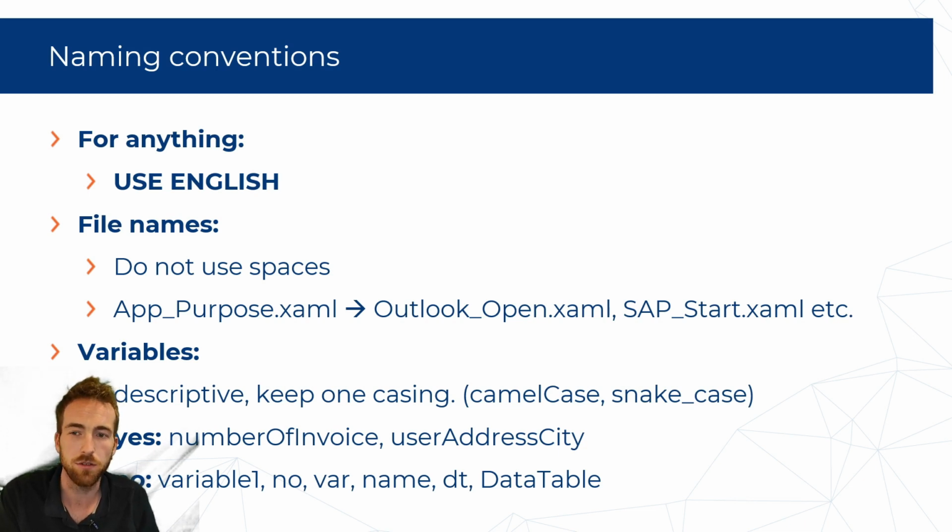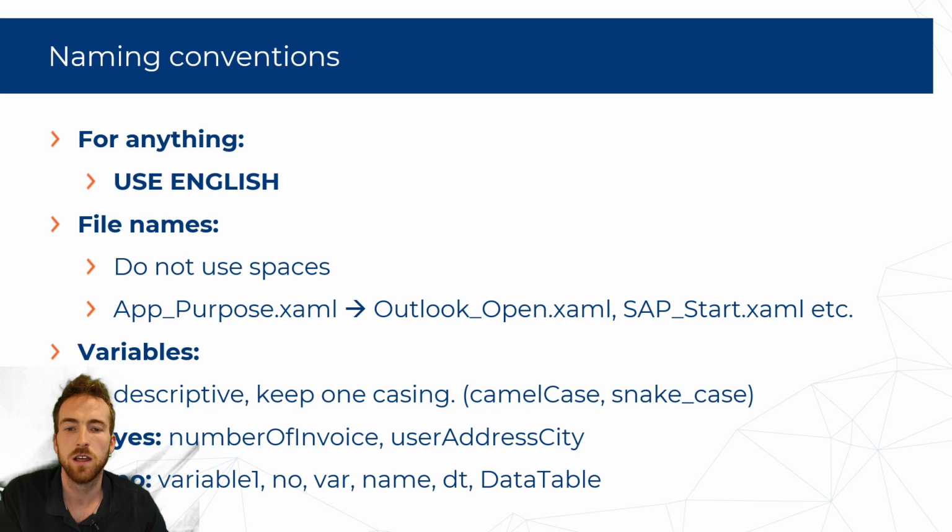Then let's talk briefly about variables, if I still have you there. So there are some common conventions about variables in, let's say, the programming world, as well as in UiPath. And I would like to point out that variables should be, first of all, descriptive. That means that they should describe what data they contain. For example, number of invoice, or user address, city.